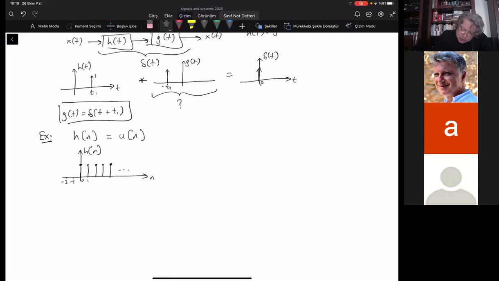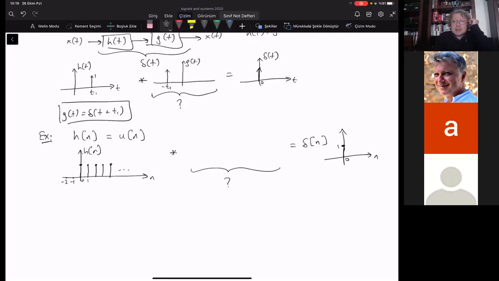Now I want to convolve this again with something that I don't know yet, and I will obtain the convolution to be delta n, the unit sample. So the convolution will be this. At 0, it will be 1. So how can I do that?